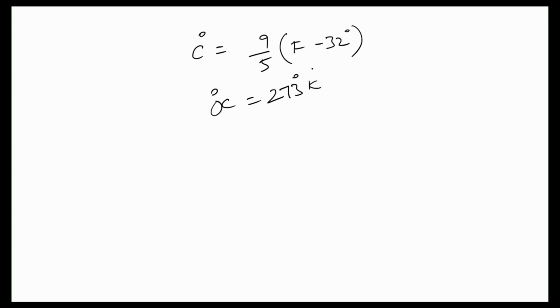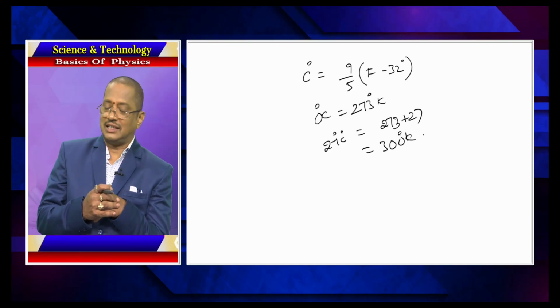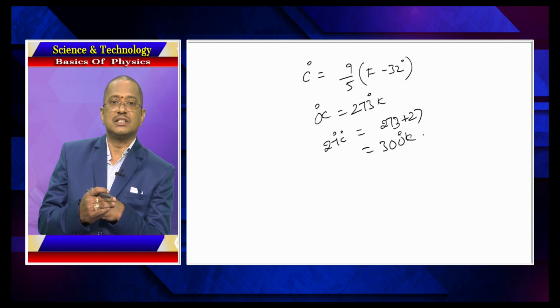This is called absolute temperature. If you want to convert, for example, 27 degrees Celsius, simply we can convert it as 273 plus 27, that is 300 degrees Kelvin. Clear? 300 degrees Kelvin.